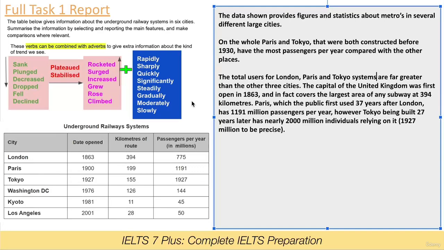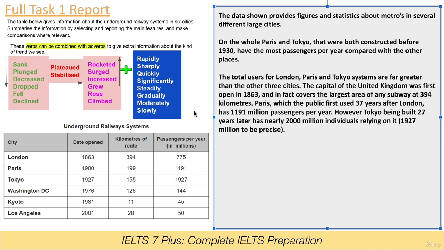Paris, which the public first used 37 years after London, has 191 million passengers per year. Let's do a full stop here, make this a bit smoother. However, Tokyo, being built 27 years later, has nearly 2,000 million individuals relying on it, 1,927 million to be precise. All right, so that is our first group there.